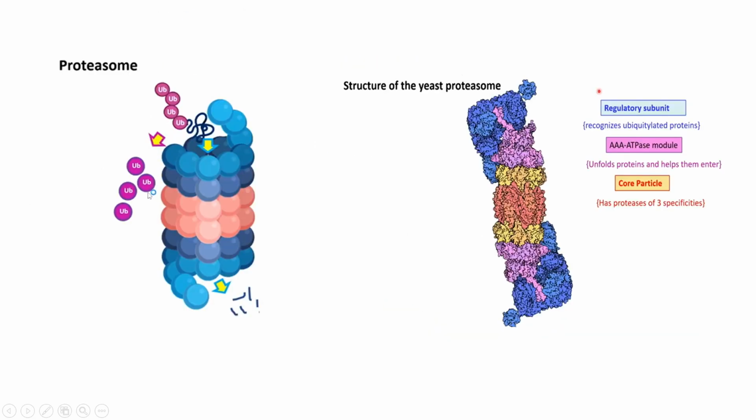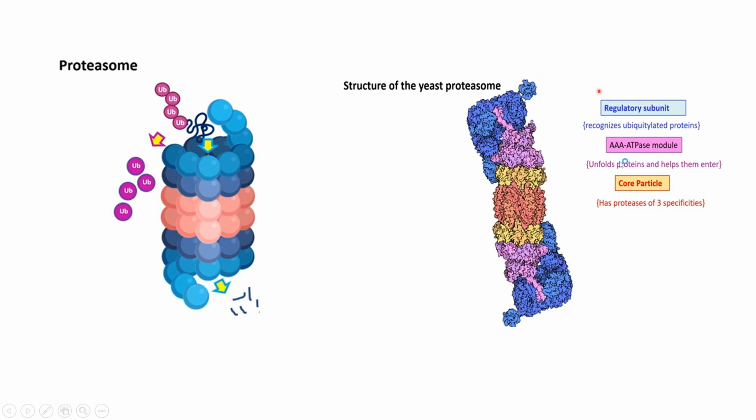We talked regarding the proteasome system. In yeast generally there is a 26S proteasome system, and there are various subunits present. Here you can see this is a dimeric form of this enzyme. This blue portion is a regulatory subunit which recognizes the ubiquitinated protein at the top.